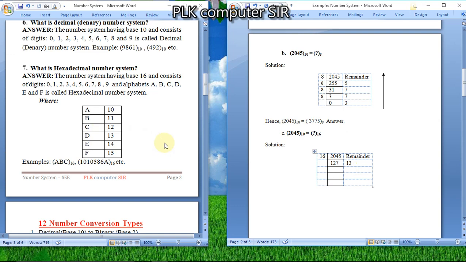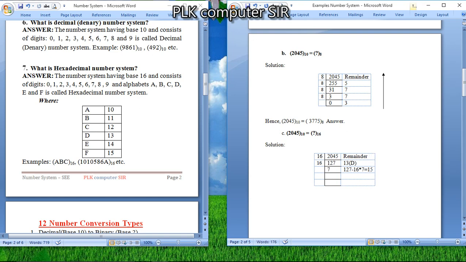If it is 13, we have to replace 13 by the alphabet D. It is not 0, so again we have to divide by 16. 127 divided by 16, the answer is 7.94, but we don't need this decimal number. 127 minus 16 into 7 will come 15.